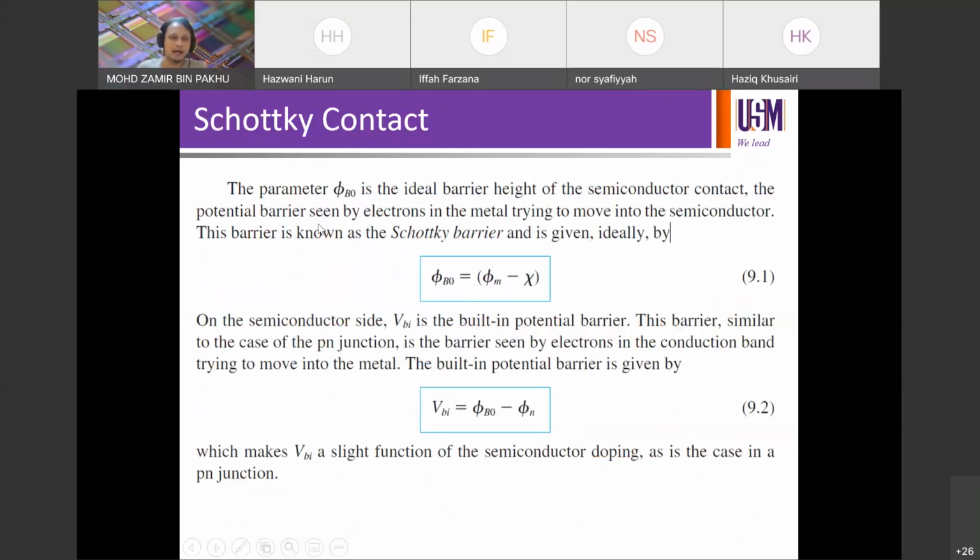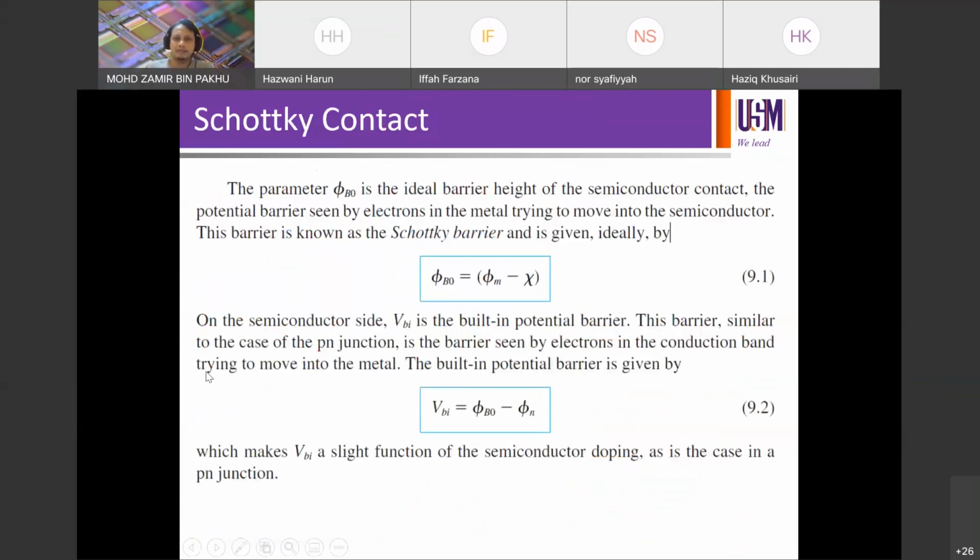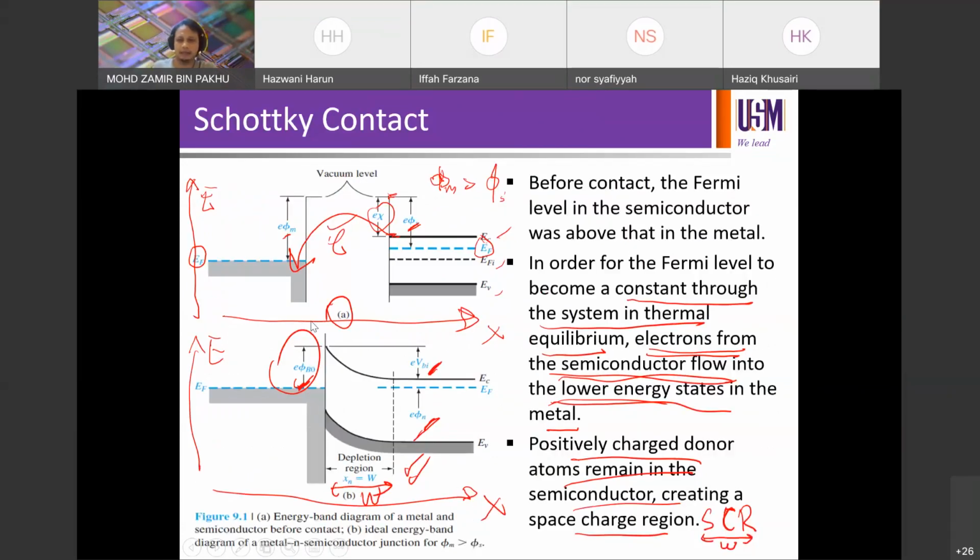So the parameter phi B naught here on the left is the ideal barrier height in the semiconductor contact. That is the potential barrier seen by electrons in the metal. Okay, so note that we have two barrier heights here. One on the left hand side, in the metal, seen by carriers in the metal for them to cross.